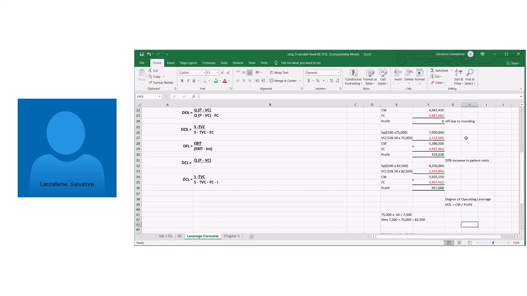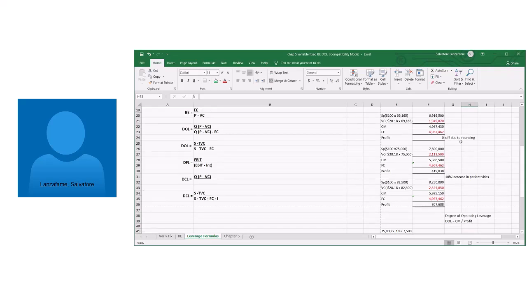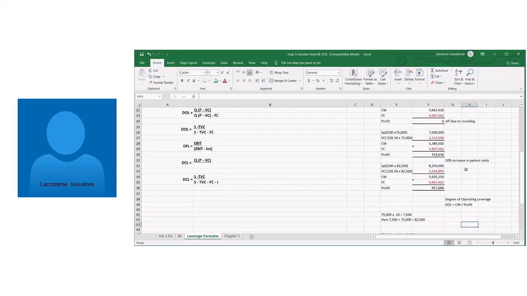If you do that calculation, we're not going to bother with the first one because it would be 0. Anything divided by 0 is 0, as we know. But if we take contribution margin, 5,386,000, and divide by the 419, we get a DOL of 12.8544, which in percentage lingo is actually 128.5%.